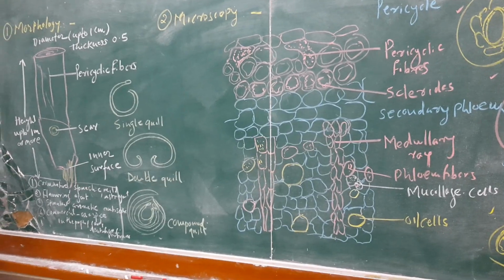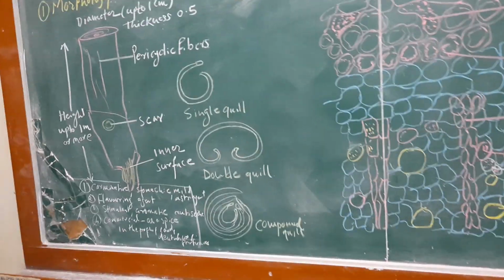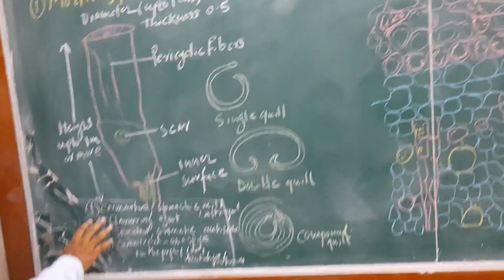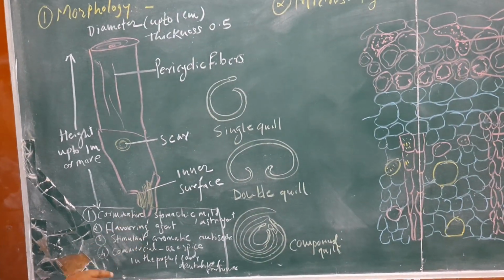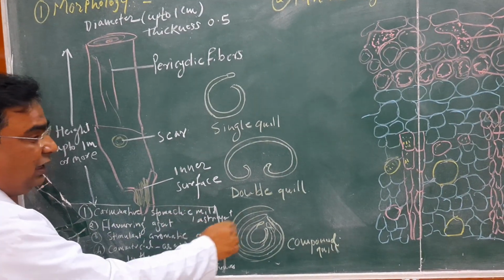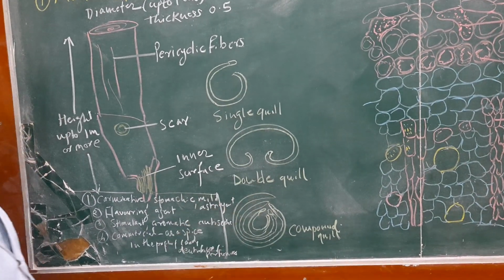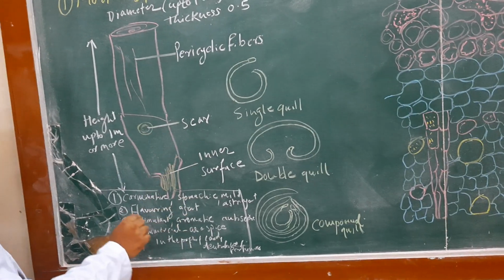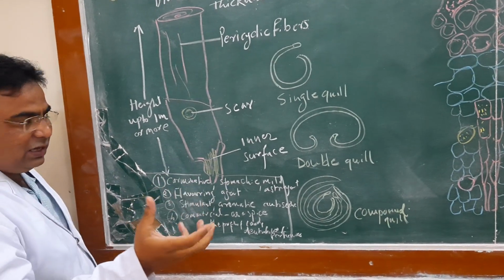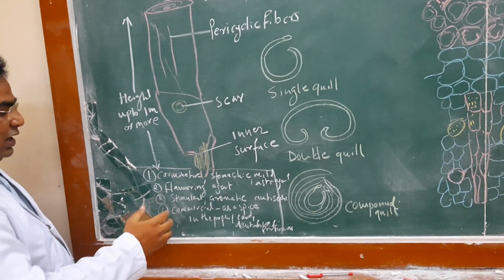Then come to the last part, the uses of cinnamon. This cinnamon is mainly used as a carminative, stomachic and mild astringent. The mild astringent property is due to the presence of traces of tannins. Flavoring agent, stimulant, aromatic.